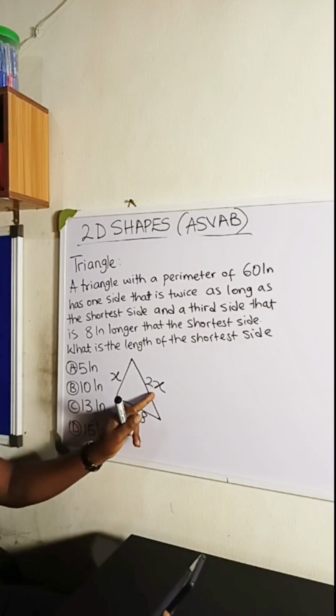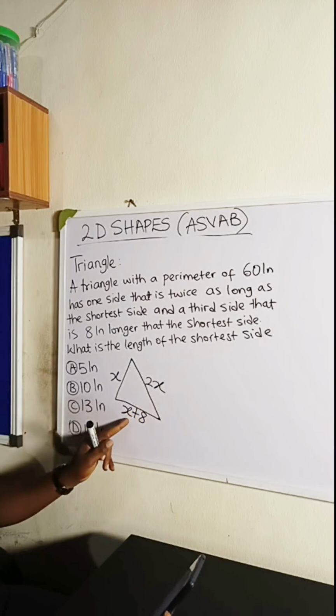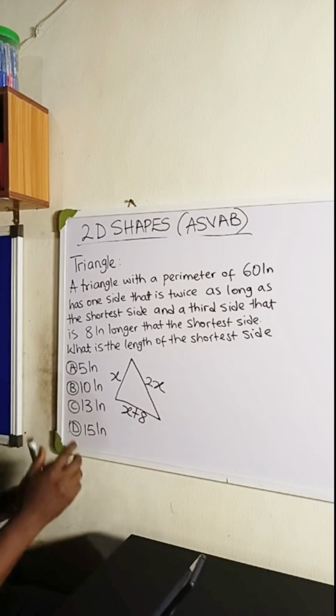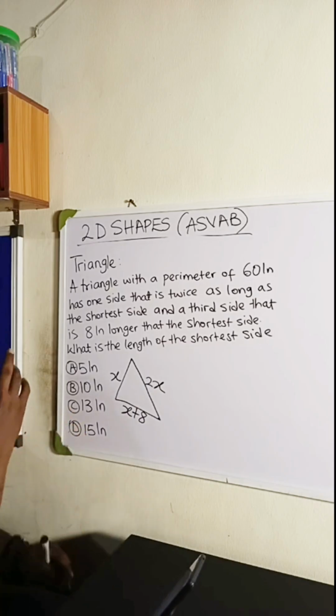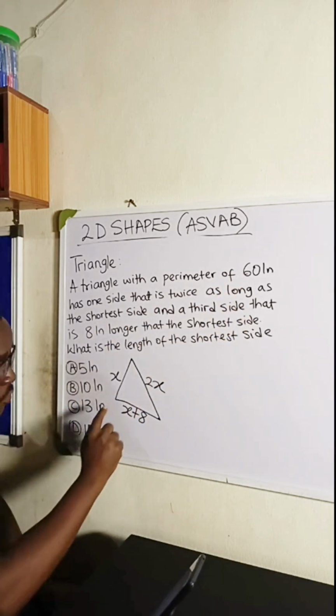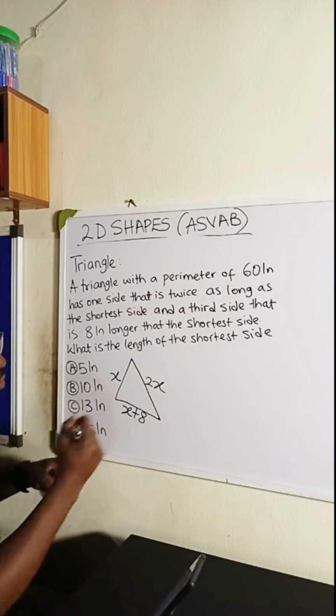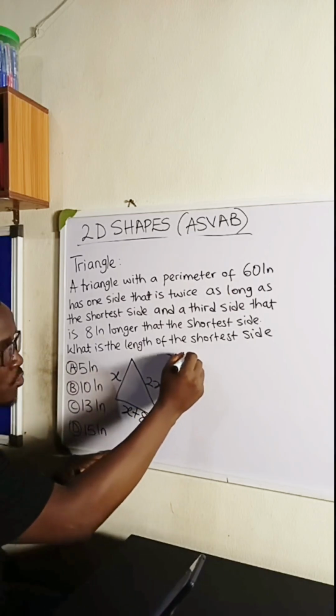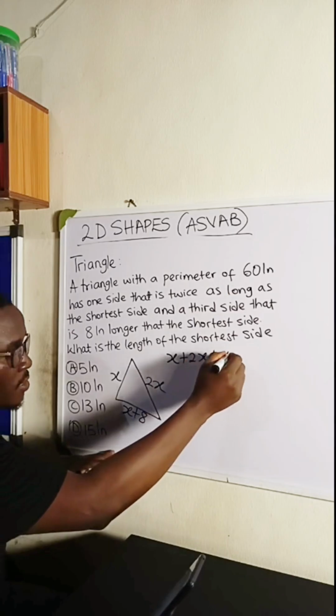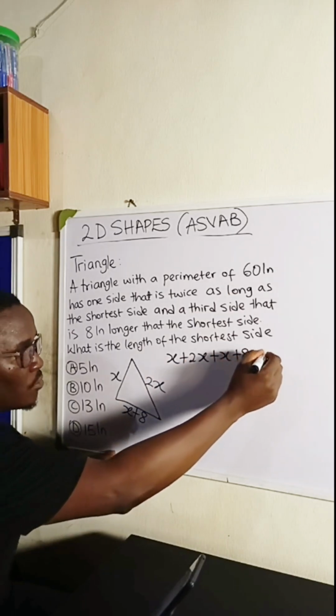The shortest side is x. This side is twice as long as the shortest side, and this side is 8 inches longer than the shortest side. But we are told that the perimeter of this triangle is equal to 60. That means if you add these three sides together, you are supposed to get 60. So x plus 2x plus x plus 8 is equal to 60.